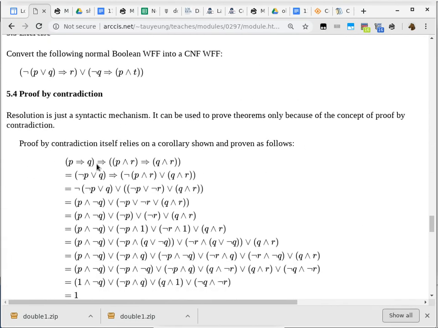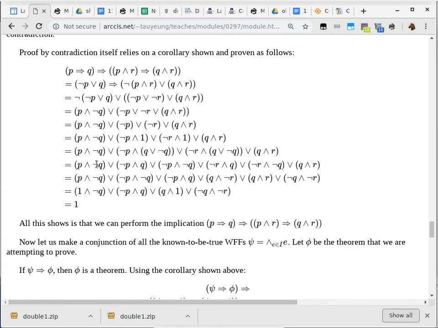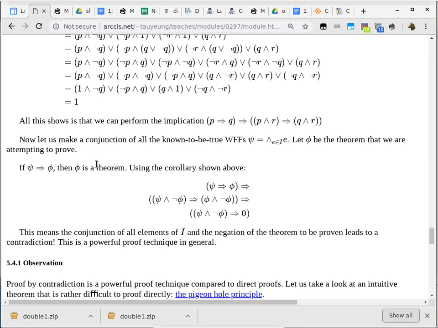Yep, there we go. Proof by contradiction is discussed down here. So is that okay? Are we getting a handle on what three ingredients we are talking about and why they are all important in the attempt to prove theorems mechanically?